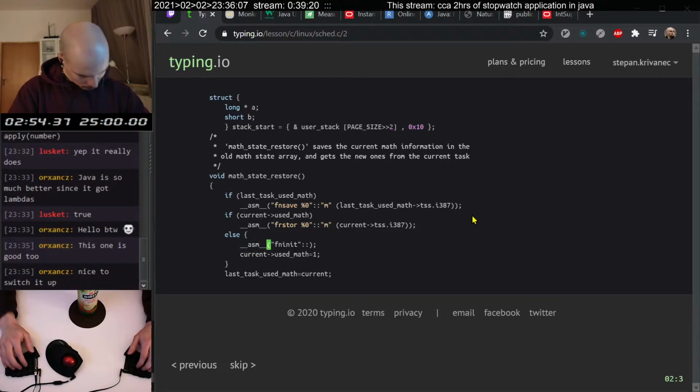Why are you pressing the spacebar? Why? Oh well.